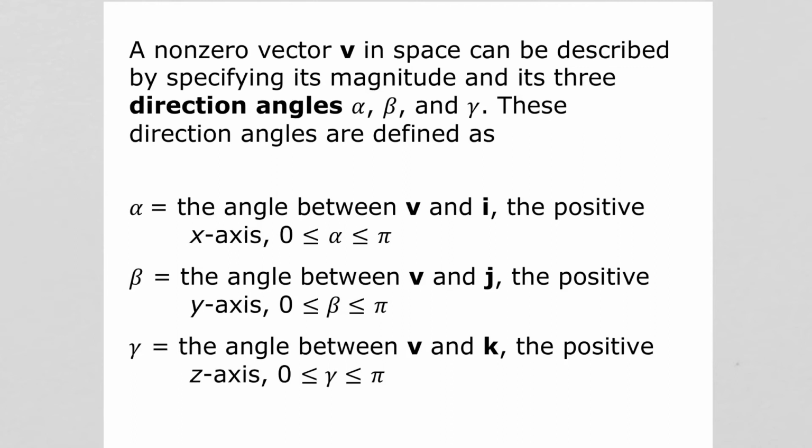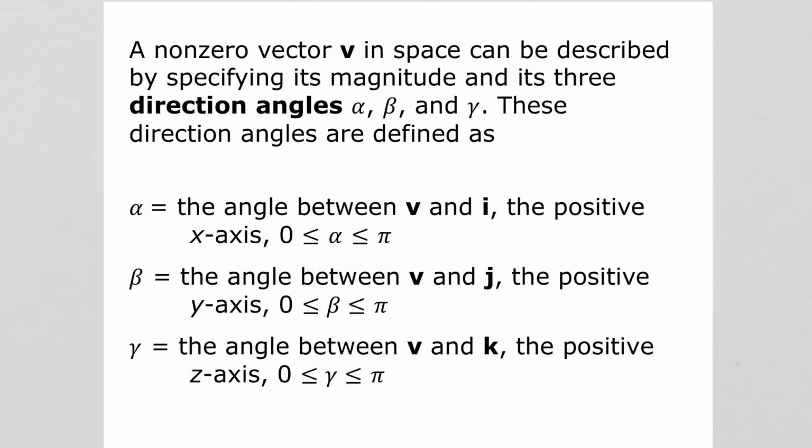The direction angle. Okay, so this is a little bit more here. A non-zero vector in space can be described by specifying its magnitude and its 3 direction angles. So this is a little bit more complicated than in the plane, because there are three angles.